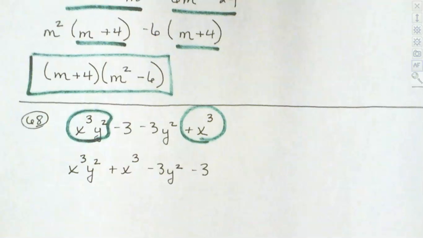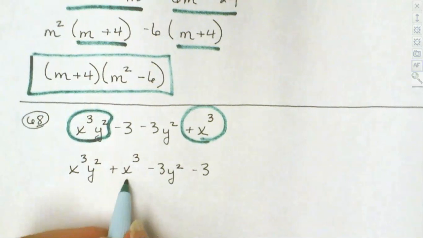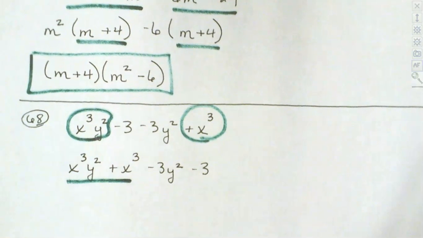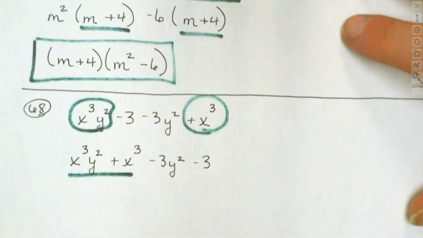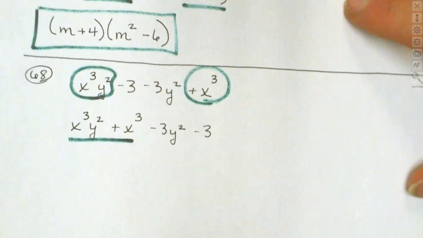Now, once they've been rewritten in a different order, now we can see what they have in common. And now that they've been rewritten, well, the first two pieces, what do they have in common? Can someone tell me? These have a what in common?